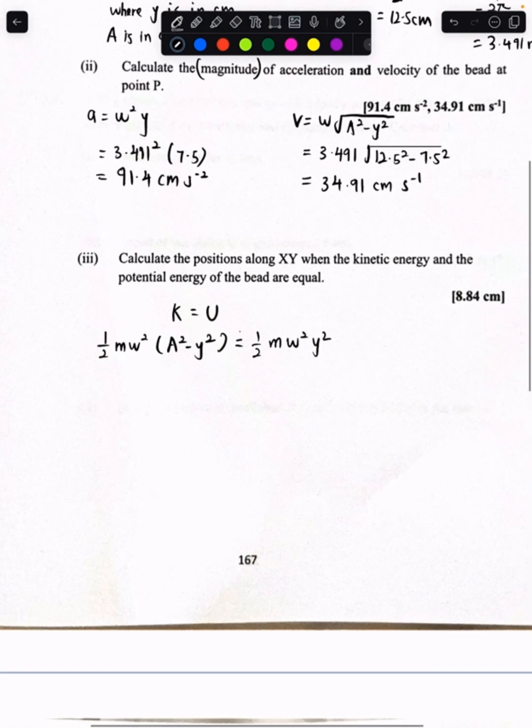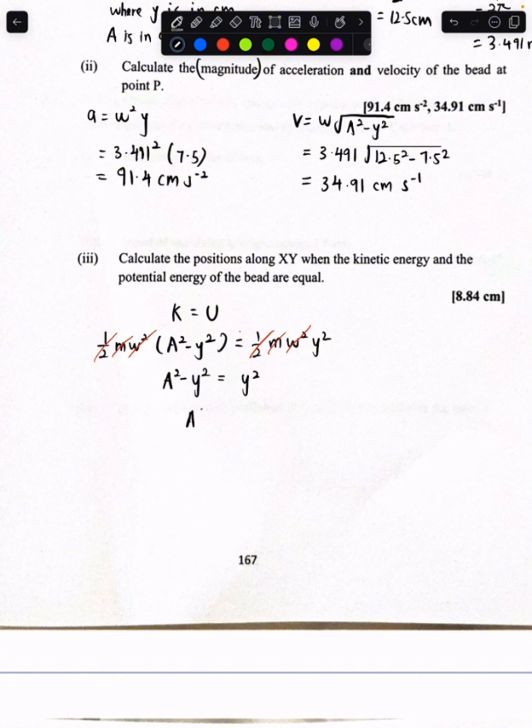As we can see, there's the same thing, so we can cancel the m and cancel the omega squared. We are just left with a squared minus y squared equals y squared.